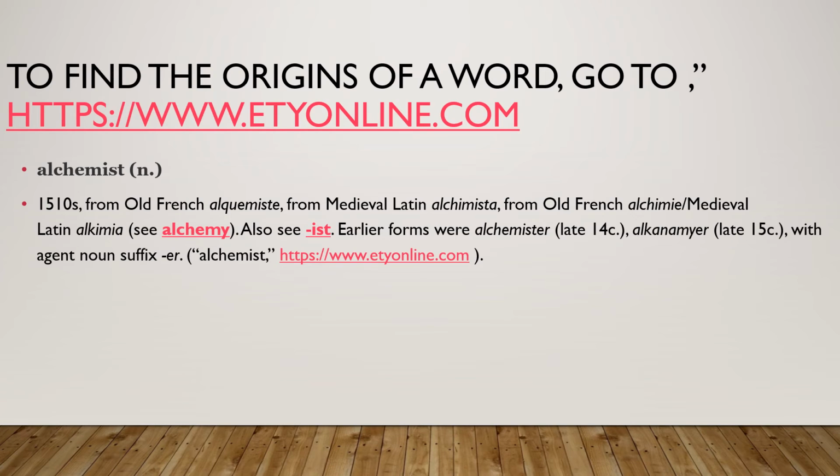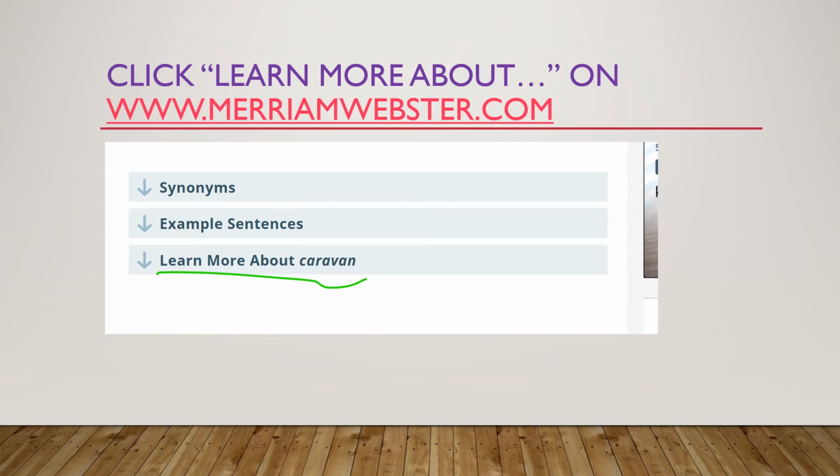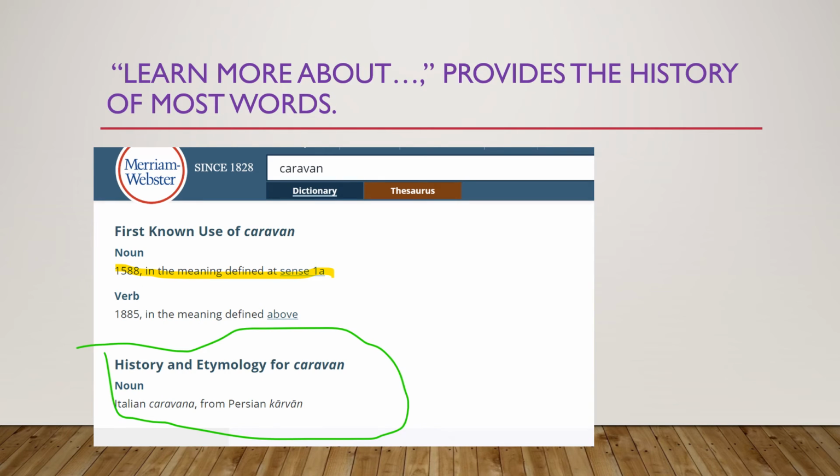If you want to find the language and base words which a particular word came from, all you need to do is scroll down the page for the word and click the link which begins with Learn More About. Once you have clicked Learn More About, you will find historical information about a particular word.